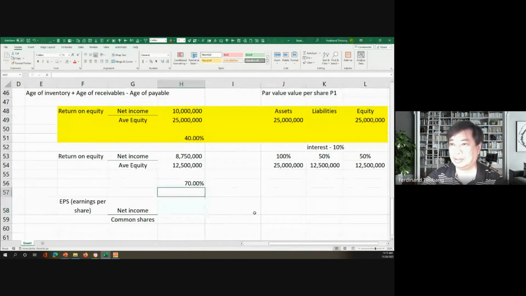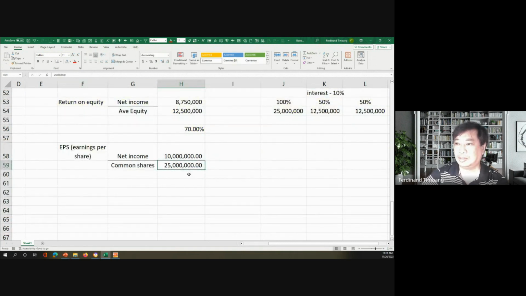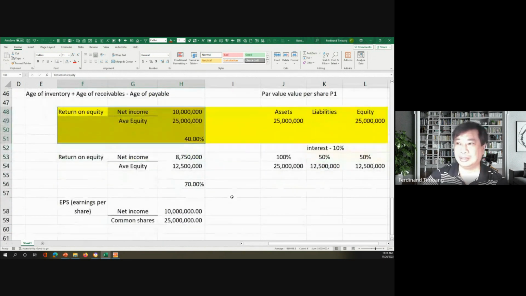So dito, it's of course in terms of percentage. Pero yung EPS natin, iba. So let's say dito, meron tayong 10 million, tapos 25 million shares. So lalabas ito yung EPS natin para dyan.